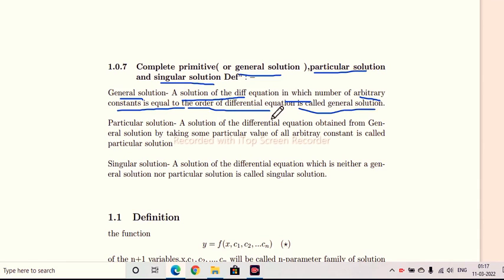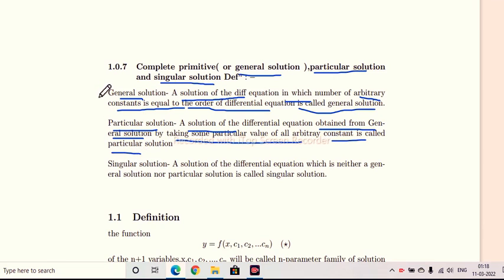We will understand this concept next. Particular solution: a solution of the differential equation obtained from the general solution by taking some particular values of all arbitrary constants is called a particular solution.